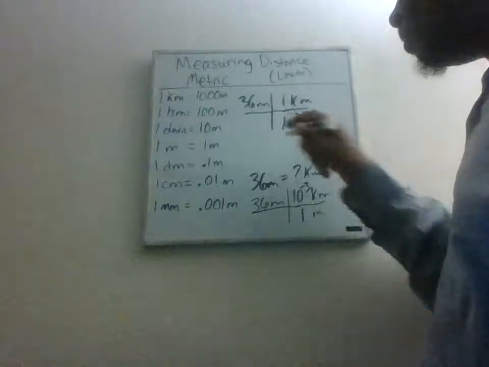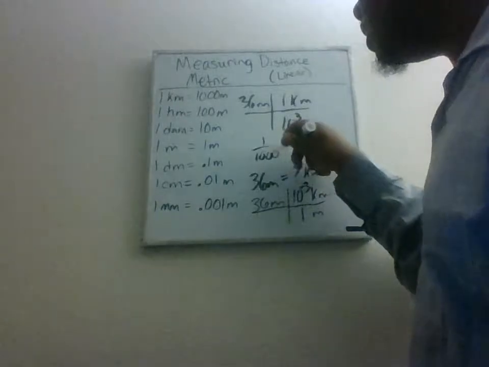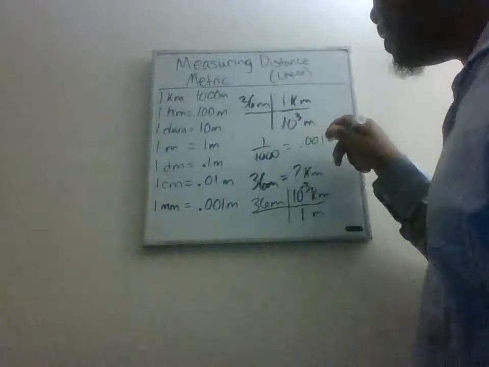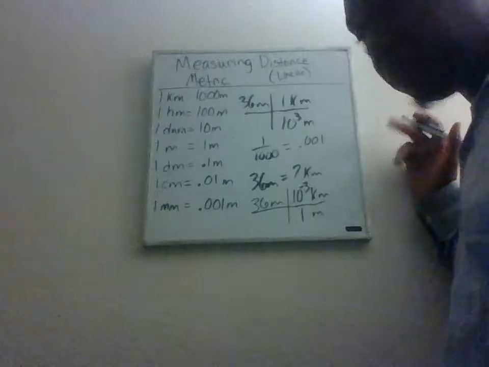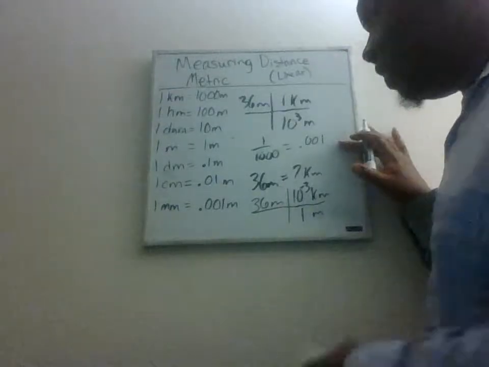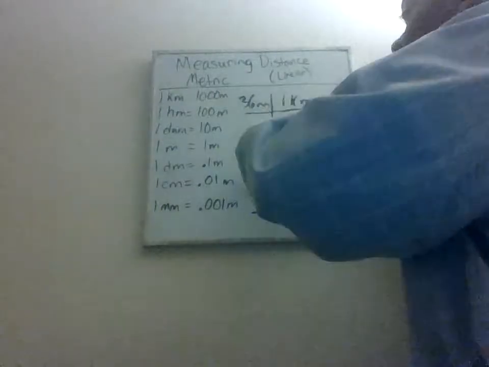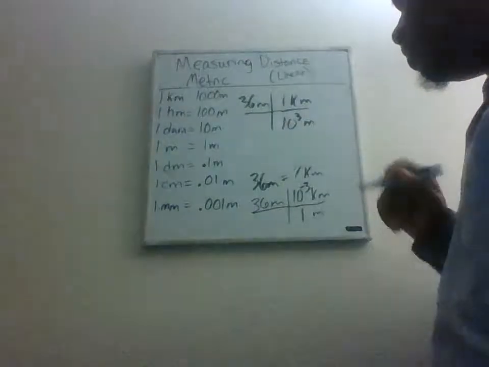Dividing by 1,000 is the same as having 1,000th off the bat. Okay. So I wrote that fraction with its equivalent decimal just so you can see that they're the same. All right, so let's get back down to doing this problem.